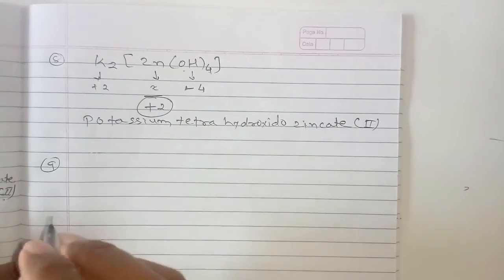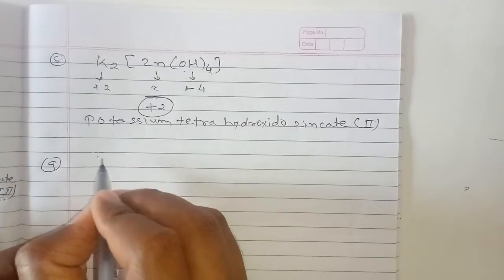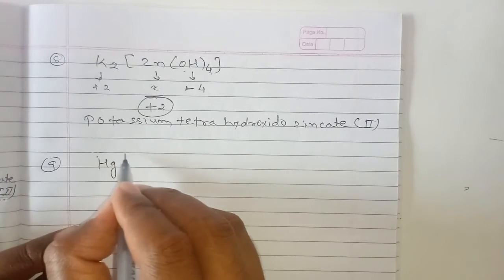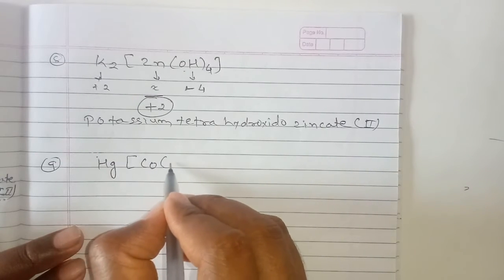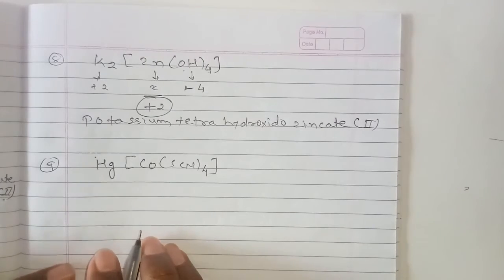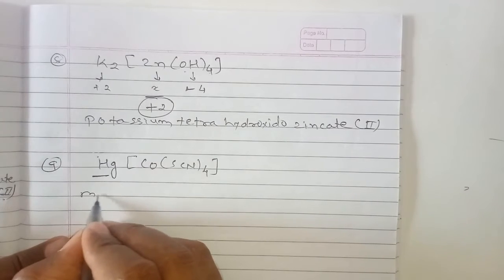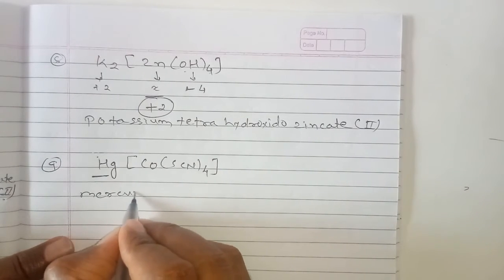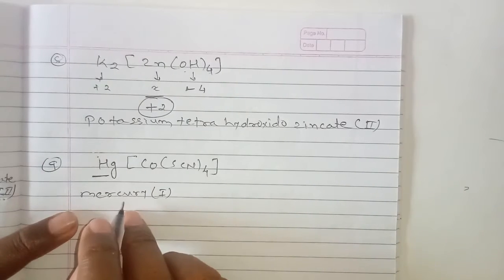Next is Hg[Co(SCN)4]. Here the mercury, and its oxidation state is +1.